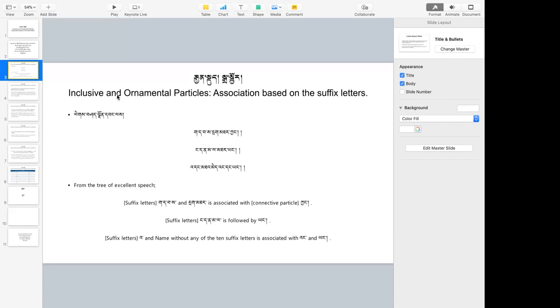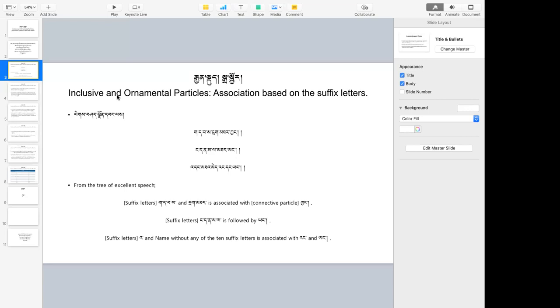So any name. We already talked that name has to do with the terminology, the existing terminology. So this name doesn't only mean a naming word, but any name.